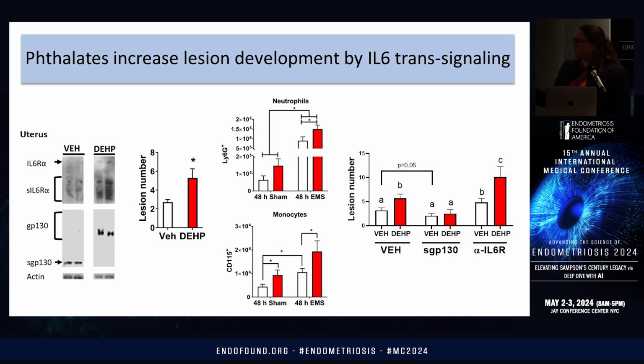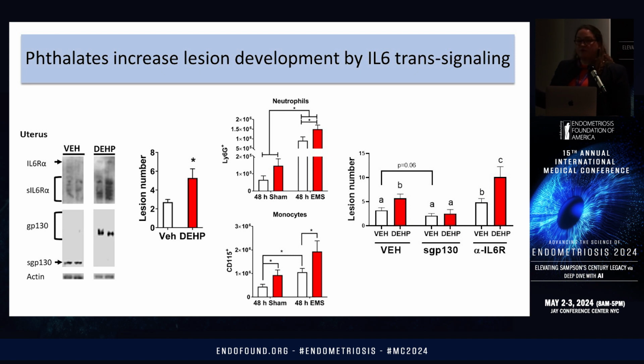So what's very interestingly shown is exactly what we saw before, where we saw the increase in lesion number with DEHP treatment. However, we see an almost significant decrease in lesion number with the trans signaling blockage through soluble GP130.